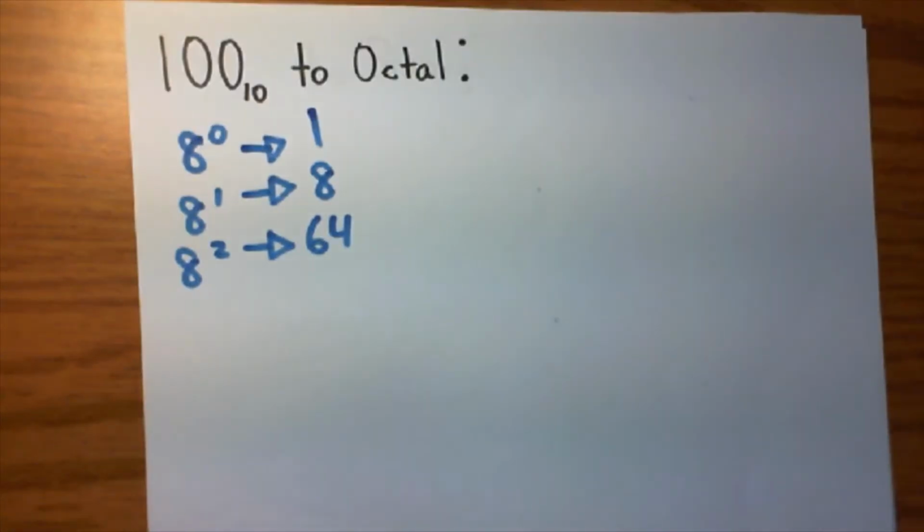And I don't think I need to go any further than this because you'll get a ginormous number if you multiply 64 by 8 again. So we already know that 8 to the third is not going to come into play.